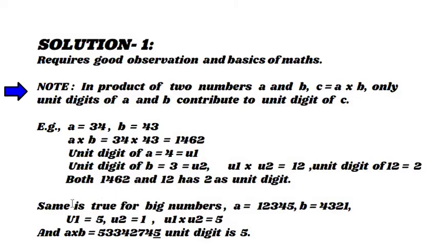The same is true for all numbers, whether the numbers are big or small. For example, a is equal to 12345 and b is equal to 4321. The unit digit U1 is 5, U2 is 1, U1 into U2 is 5, and a into b is also this big number 53342745, and its unit digit is 5.